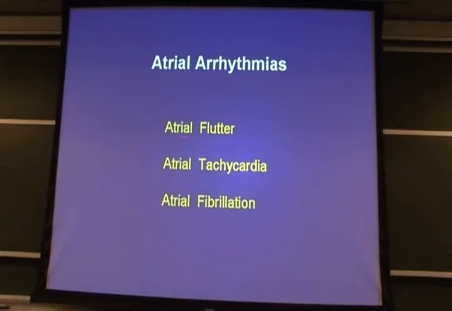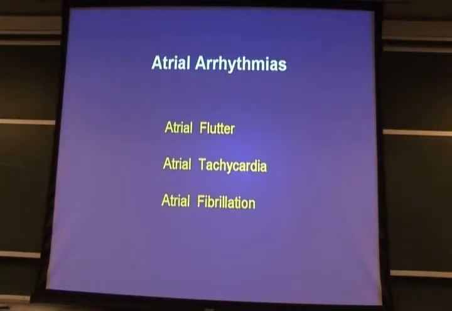And so atrial flutter is an abnormal rhythm that affects a lot of older people. Atrial tachycardia is not as common as atrial flutter, but still a common rhythm disorder of the heart. And atrial fibrillation is really very common. Atrial fibrillation is becoming the cardiology arrhythmia disease of, let's say, the next decade.